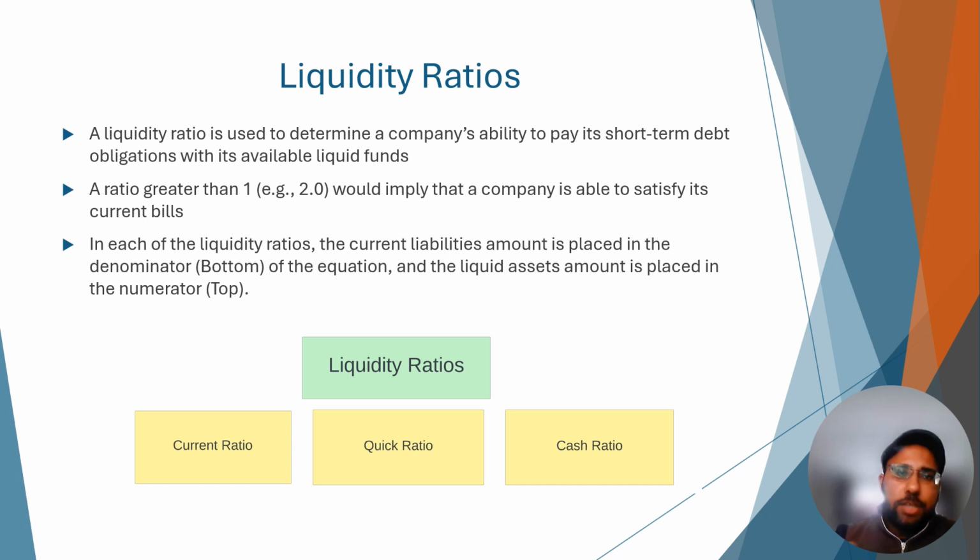And if the ratio was 3, it would mean that the assets can cover the current liabilities 3 times over, and so on and so forth. Okay, so that's the best way to look at it. 1 is absolutely fine. Anything less than 1, the company naturally has debt issues. That's the raw way of looking at it.